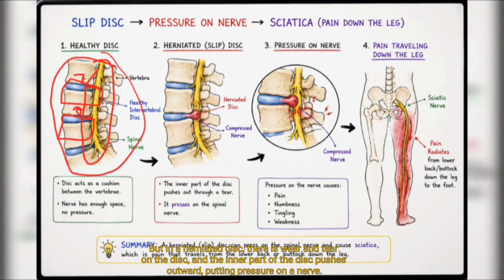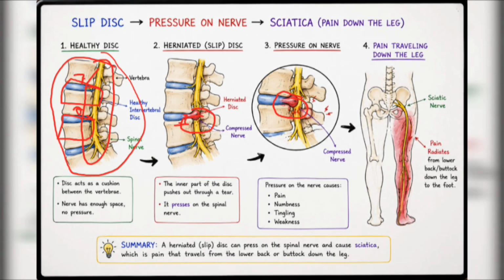But in a herniated disc, there is wear and tear on the disc, and the inner part of the disc pushes outward and puts pressure on a nerve, which acts as a compression. Due to the compression, the pressure on the nerve is converted into pain, numbness, tingling, and weakness. The pain travels along the pathway of the nerve and may also remain in the back.